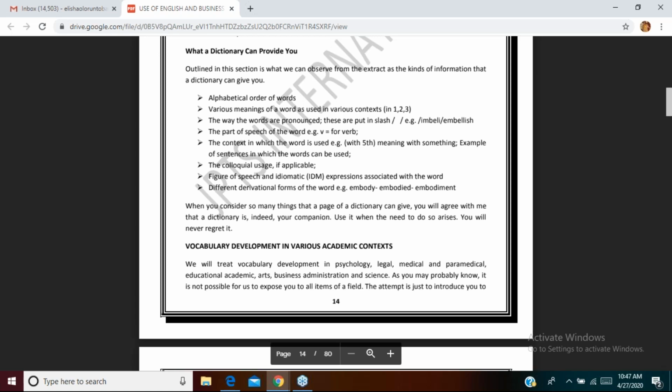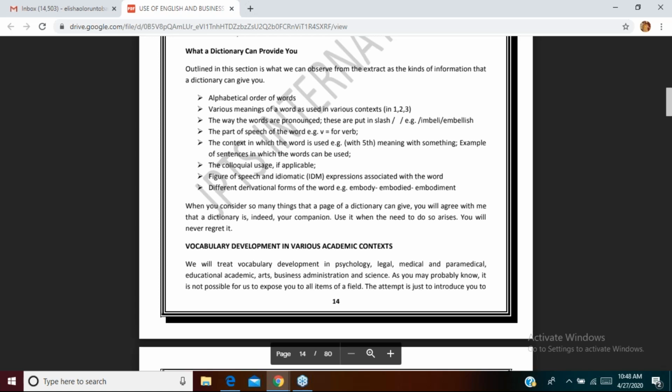Each time you try to check for the meaning of any word, you will discover that the word will be written, and then the part of speech will also come with it. For example, if the word happens to be a noun, you will see noun. There are some words that can be used for both noun and verb. Probably, you will see it there. So, various meanings of words as used in various contexts.